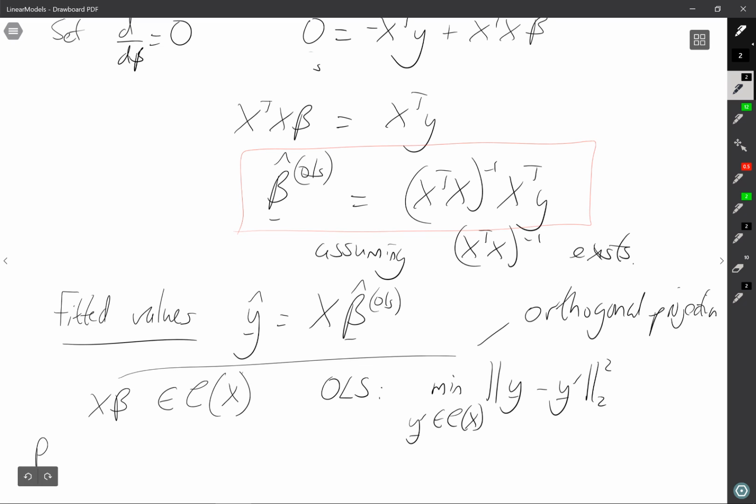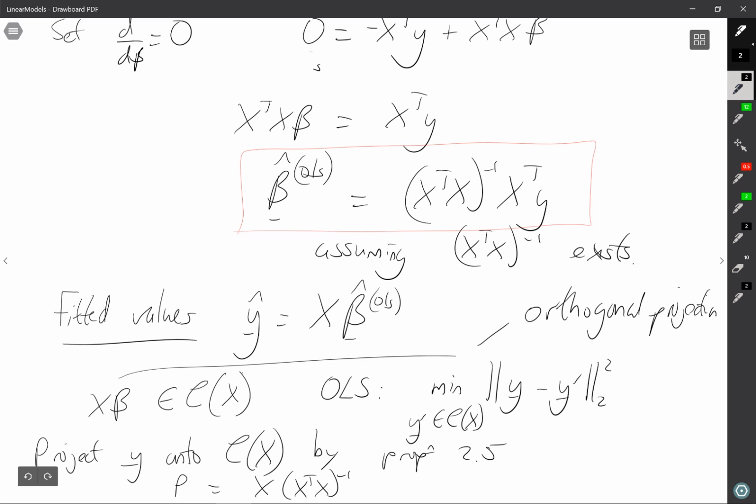So we want to project y onto the column space of X, and by the proposition we saw before, proposition 2.5, we know that the projection matrix is given by X transposed X inverse X transposed.